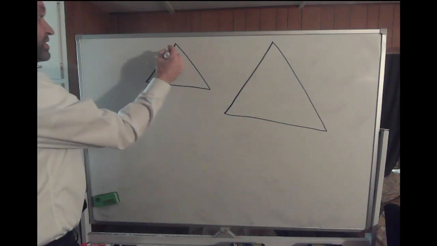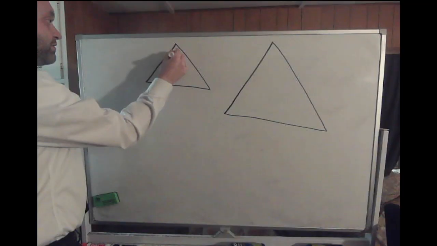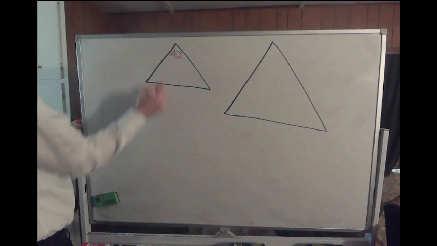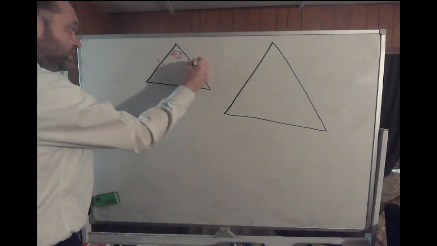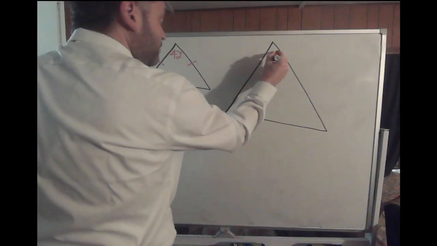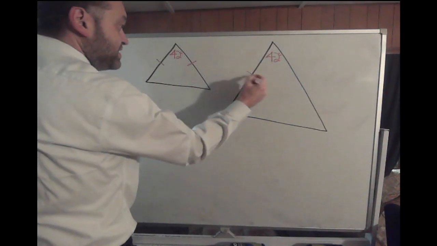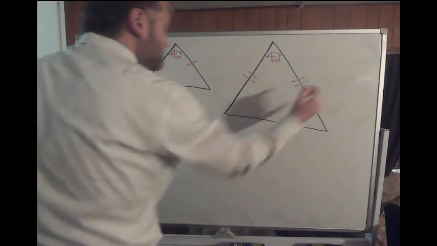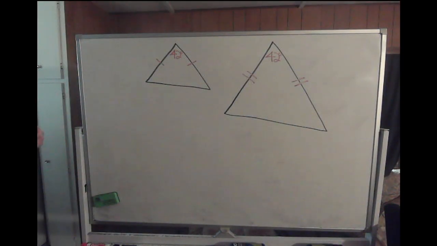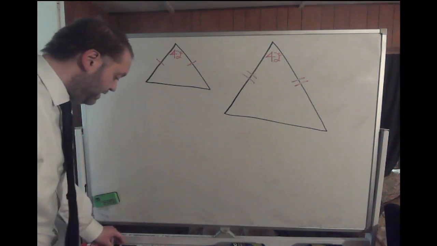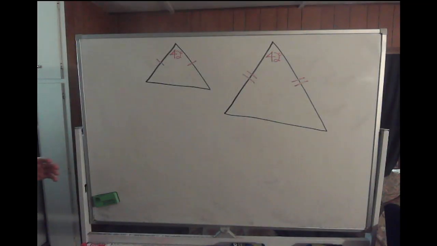So we get with this triangle that we have a 42-degree angle, and this side's congruent to this side. In this triangle, we also have a 42-degree angle, and this side is congruent to this side. So what do we know about isosceles triangles?